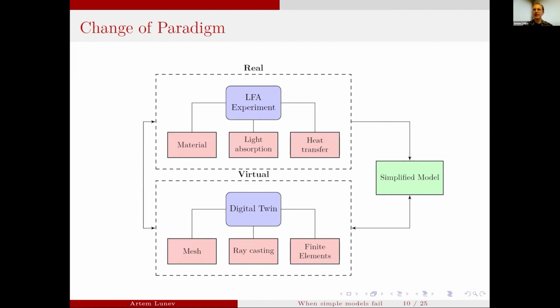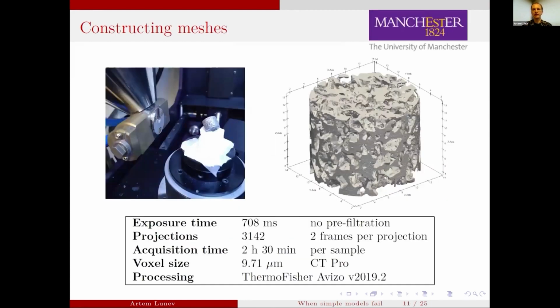When you operate with a mesh that you can measure with the CT, you implement a ray casting algorithm to simulate the light absorption, and then you do the conventional finite element analysis, and you compare those results with the physical twin. So as I said earlier, the CT was done at Manchester University.